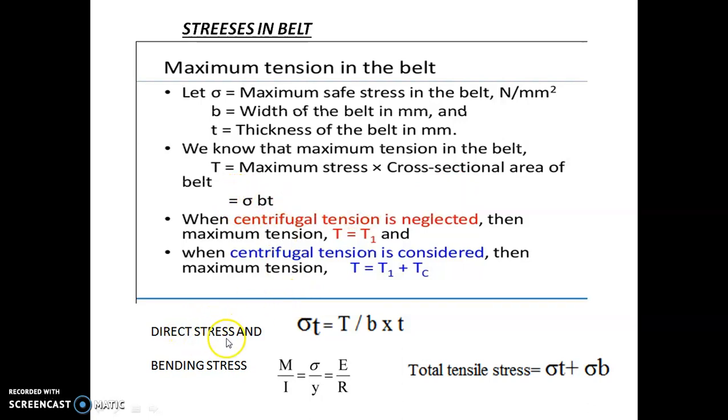The first one is direct stress, σT, that is equal to T upon b into t, total tension upon cross-sectional area b into t. And when the belt runs over the pulley, it bends and unbends, so bending stress is developed, which is calculated using the bending equation M upon I is equal to σ upon y is equal to E by R. So the total tensile stress will become σT plus σB.